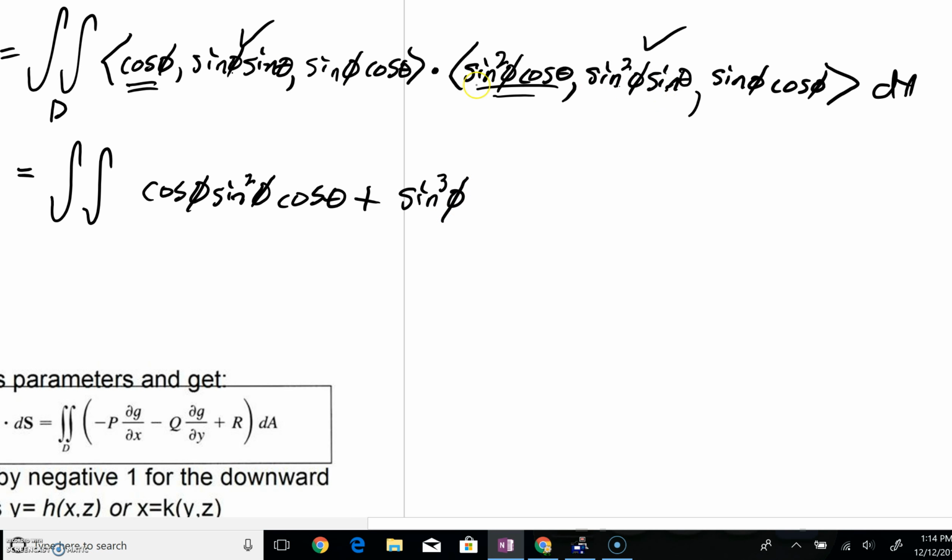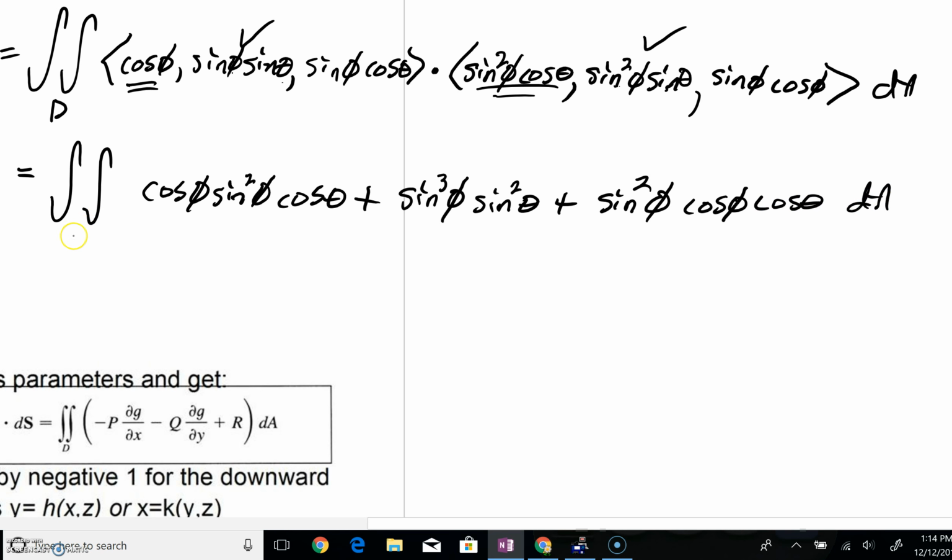And then we'd have sine of theta times sine of theta. That would be sine squared of theta. Then we'd say plus, and then we're going to come over here. We can say, well, we're going to have a sine squared of phi, cosine of phi, and a cosine of theta.